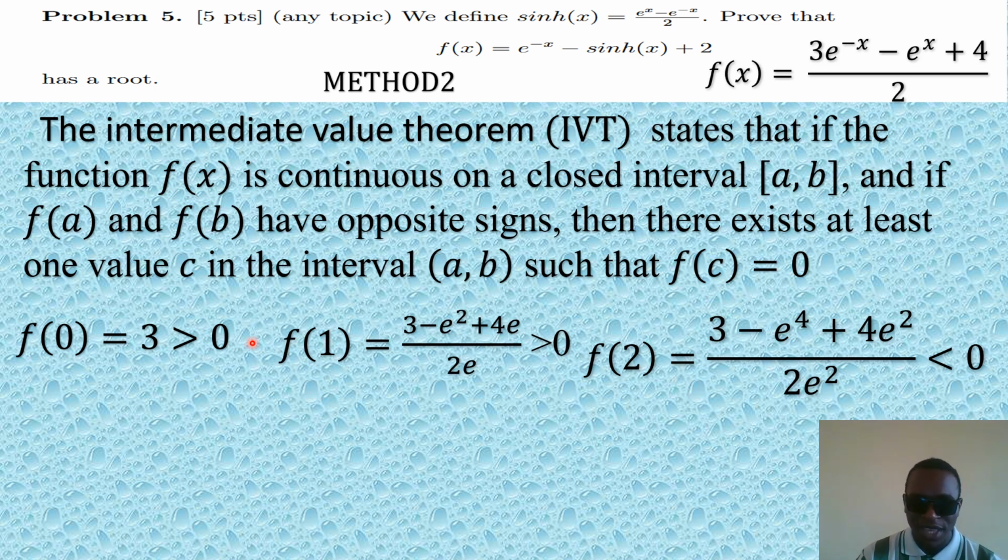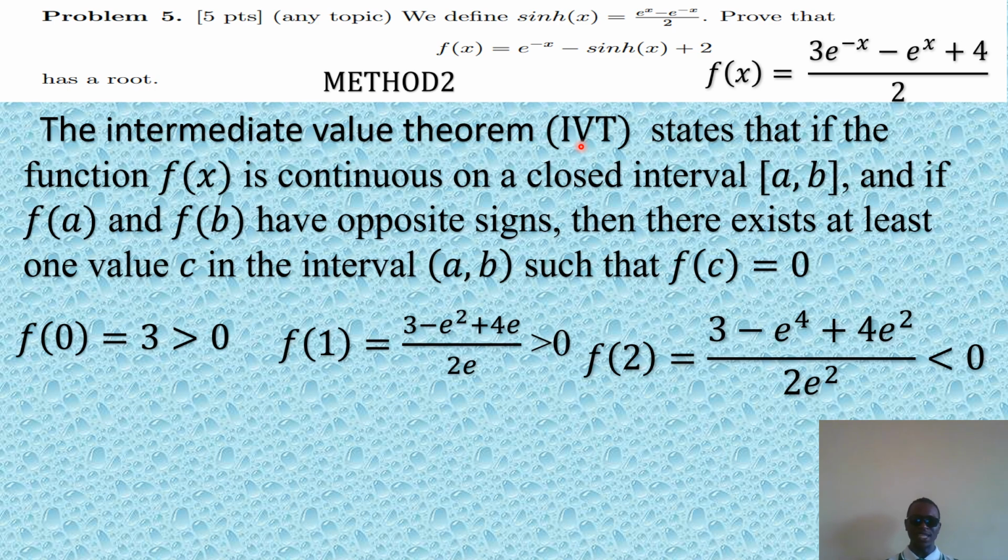From there, you will know the interval to use for your testing. After solving that exercise, the root to that equation was 1.5. So that root lies between the whole numbers 1 and 2. Hope you understand. It is between 1 and 2.